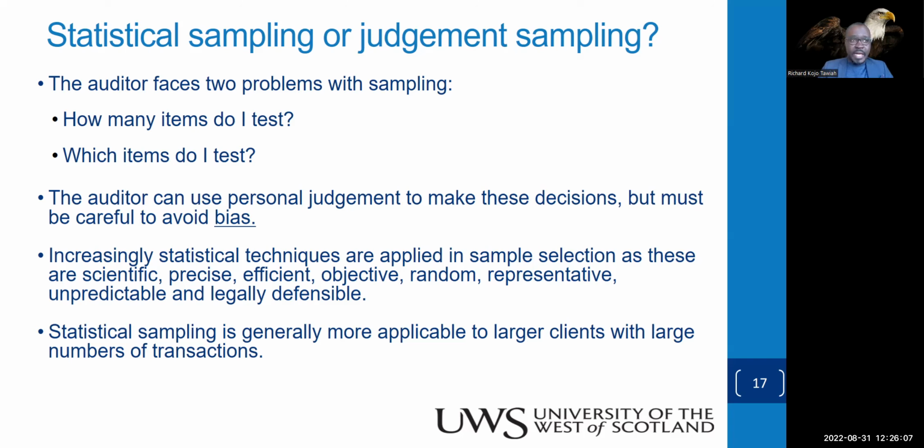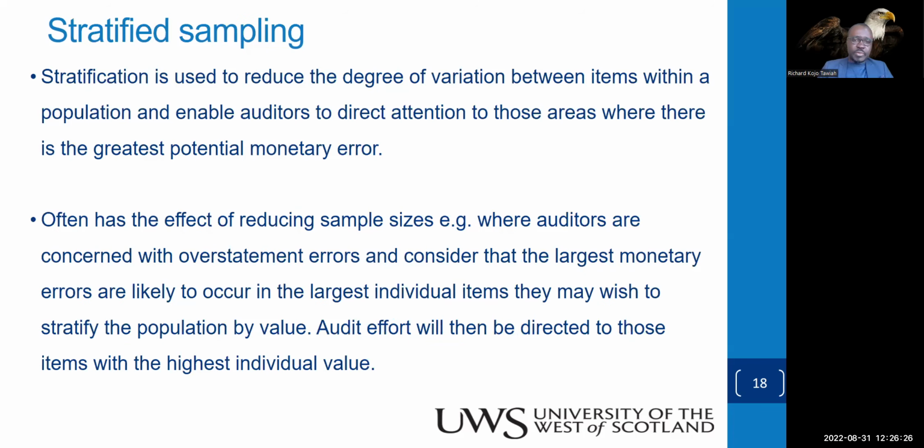And they will always select precisely what you want. And you can always defend this in a court of law if anything should happen: I used this software, the software is vouched, and I think I could use it. So it's generally more acceptable to larger clients with a large number of transactions than smaller clients. Smaller clients, if you can do everything, you do all.